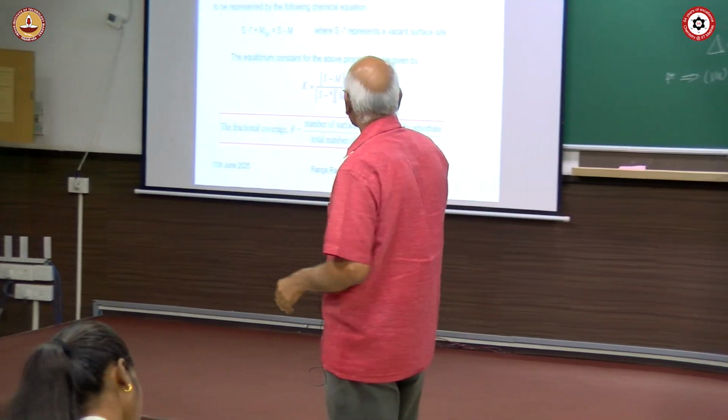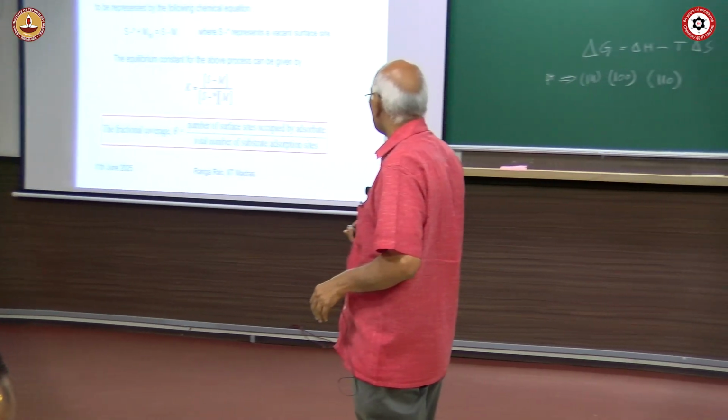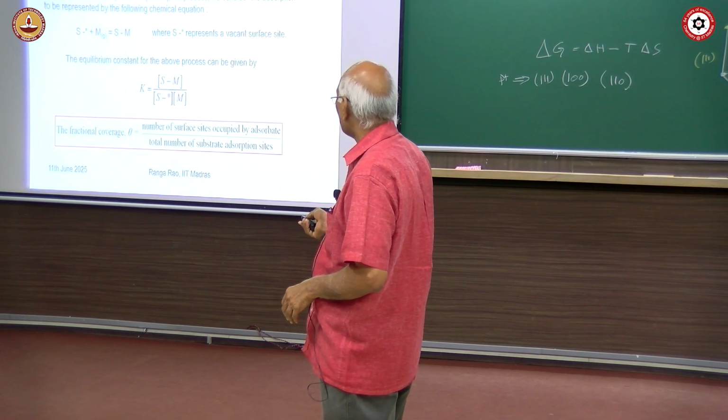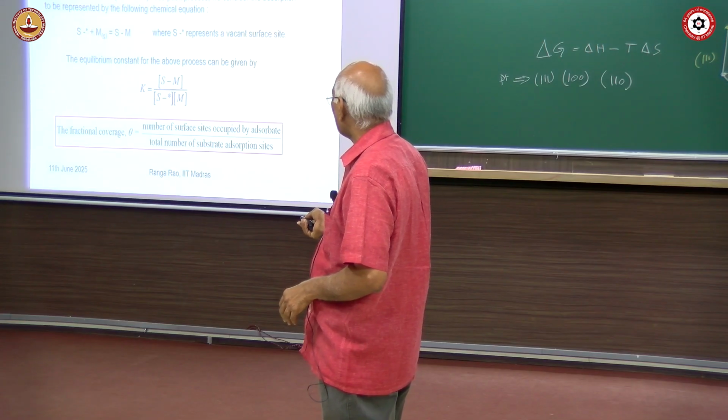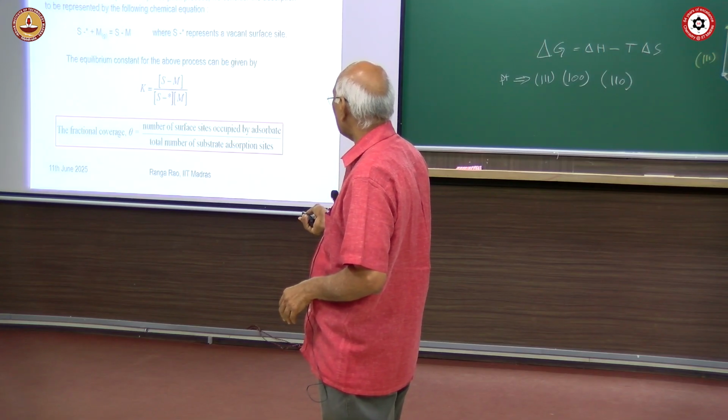He went ahead and derived the Langmuir isotherm. For example, we have a site S, and a molecule M in the gas phase adsorbs on it, giving you SM, the molecule sitting on a site.